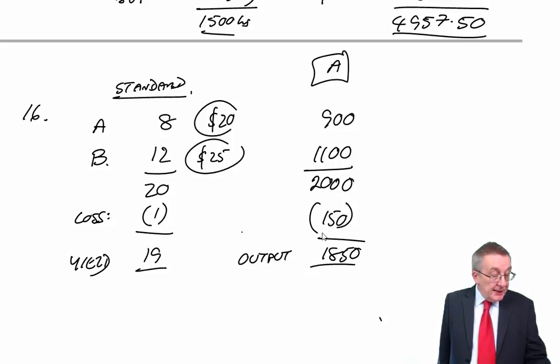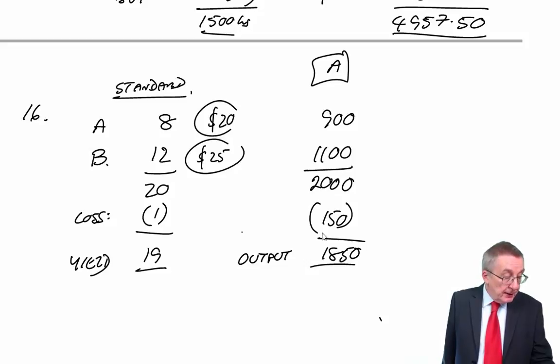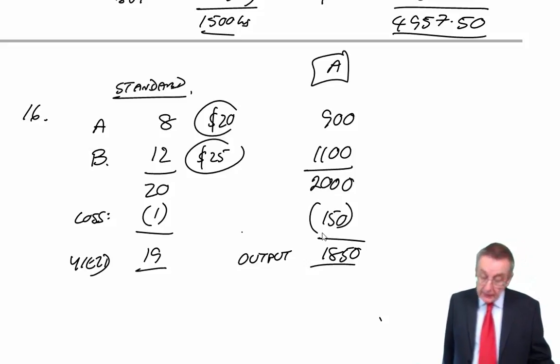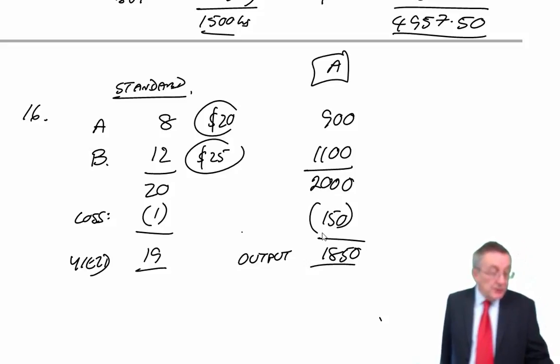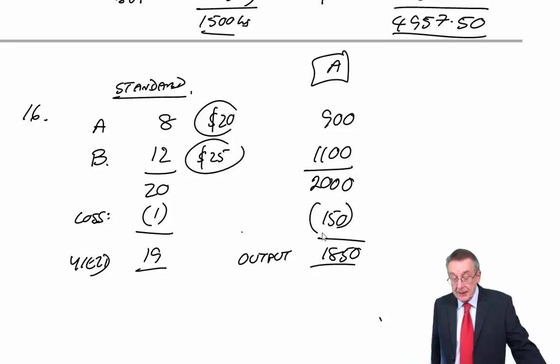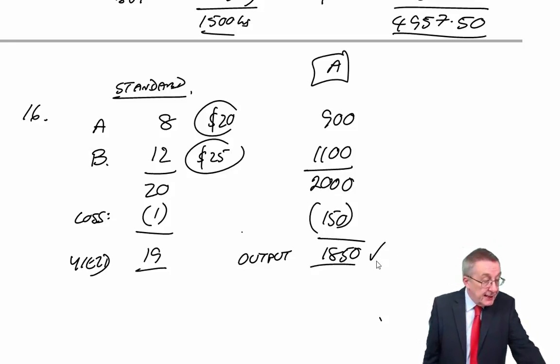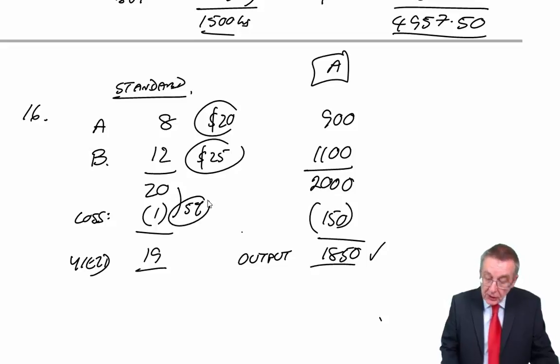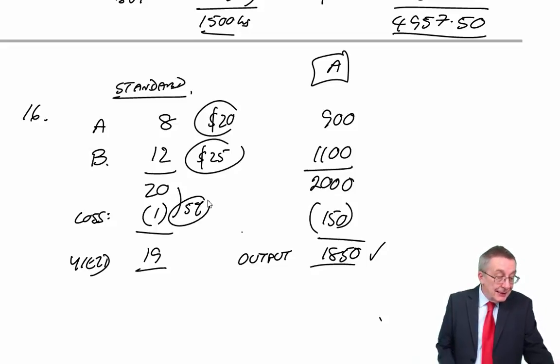It was expected that an actual input of 2,000 litres would yield an output of 1,900 litres, 95%. The actual yield was only 1,850, which was 50 less than expected. Well, we didn't really need to be told that. We know the output is 1,850, it said so earlier. And also, we already know that we should lose 5%.